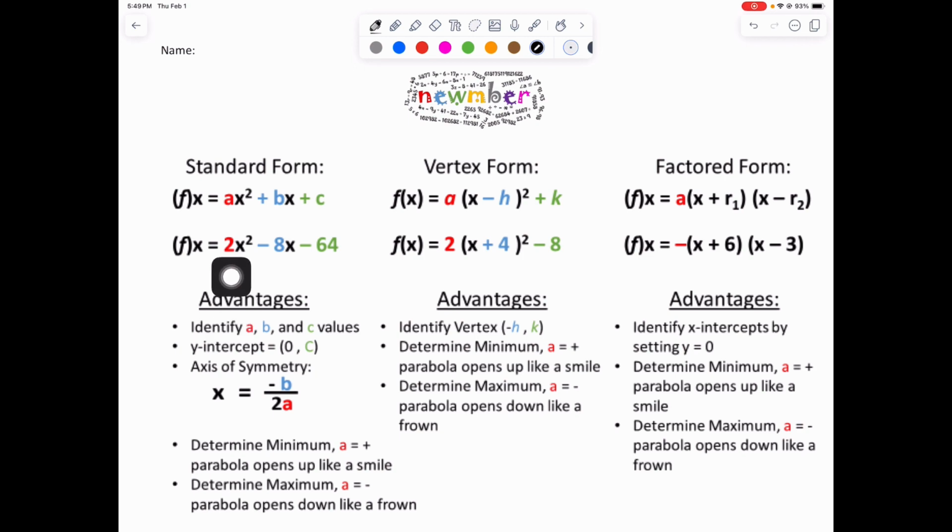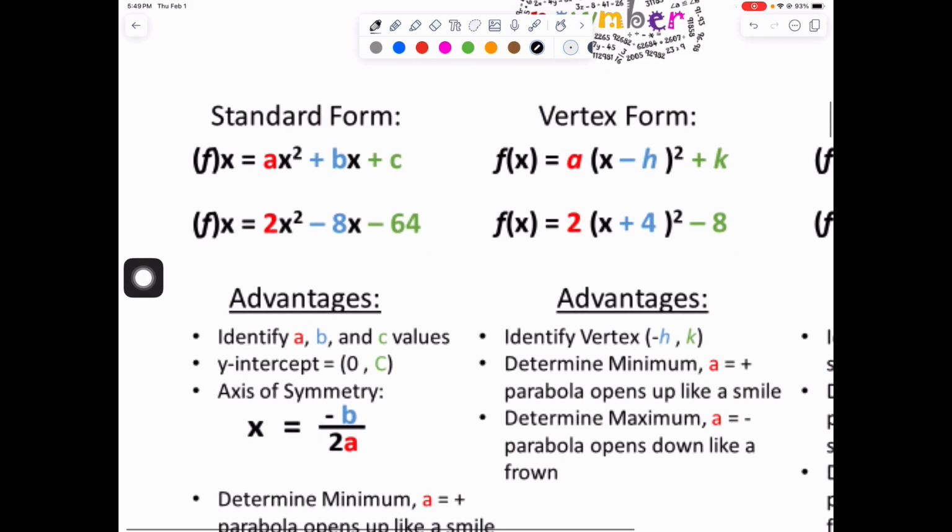So when we are taking a look at 2x squared minus 8x minus 64, if we were to find our y-intercept just by simply identifying, let's open a parenthesis, plug in a 0, and close it. And then our C value, the green number, in this case our constant of negative 64. Go ahead and plug that in. You now have your y-intercept.